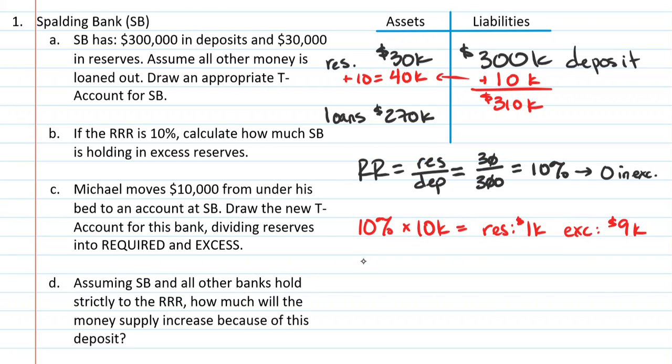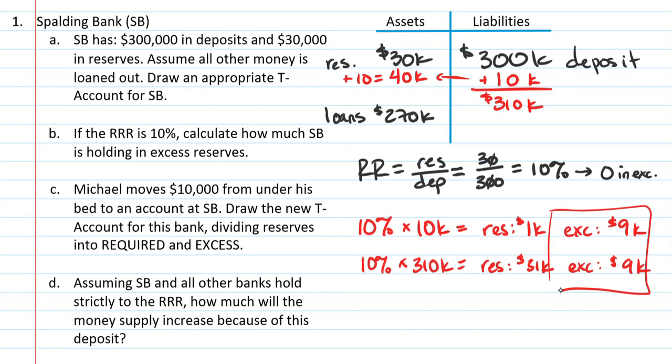The other way is we can do 10% of the 310,000 the bank is now holding, which tells us that they must reserve $31,000. And if they have 40,000, then their excess again must be $9,000. In both cases, we see that this is 31,000 of total reserves required plus 9,000 of excess reserves.